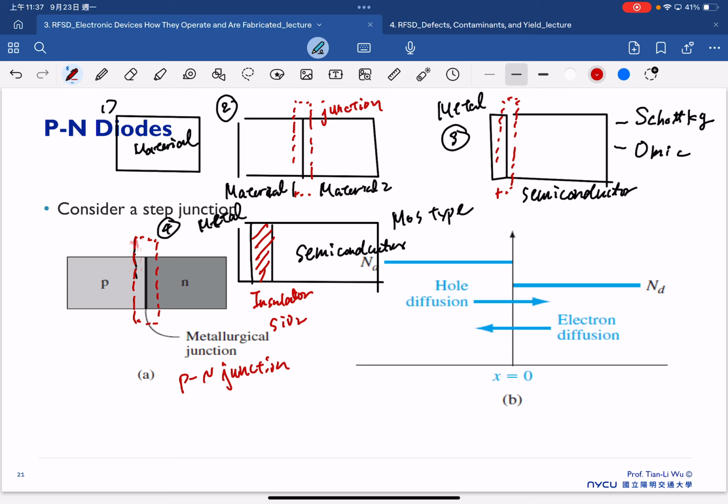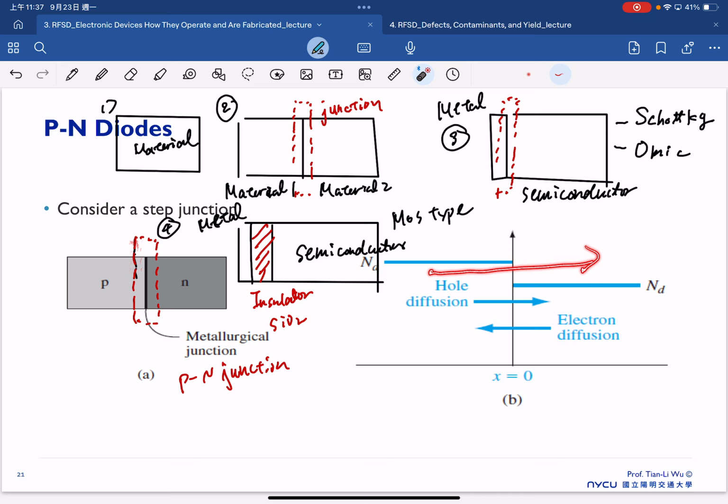If there is a high concentration of one species in one area, diffusion tells us that the particle or species with a high concentration will prefer to diffuse to the region with a low concentration.